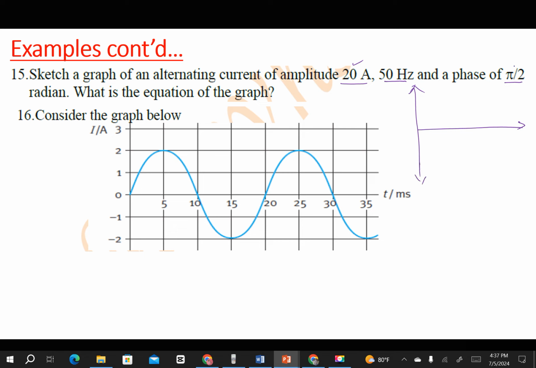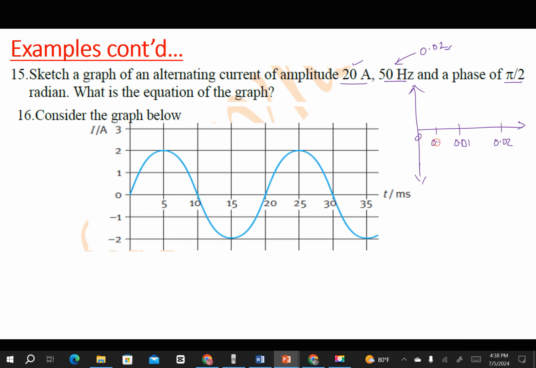I'll not mind about the phase at this level, so t equals 0. Frequency is 50 hertz, which means the period is 0.02 seconds. So 0, then 0.01 is half, and 0.02 is one cycle.